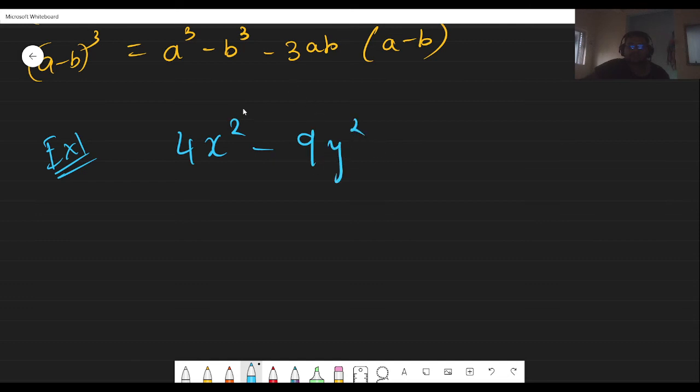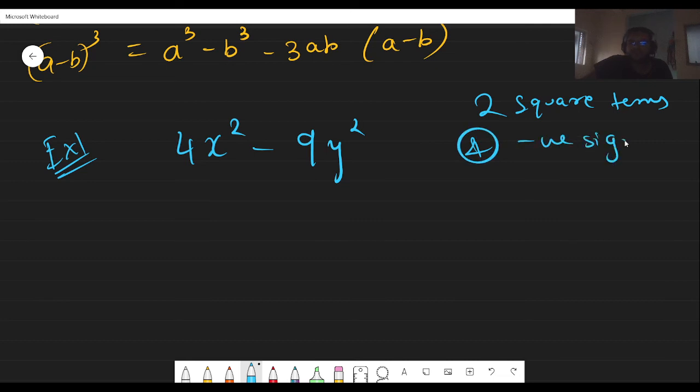We have to scan the question and see that two square terms are there and a negative sign is there. Then we can bifurcate it into (a plus b) and (a minus b). So the identity we will use is a square minus b square equals (a plus b) into (a minus b).